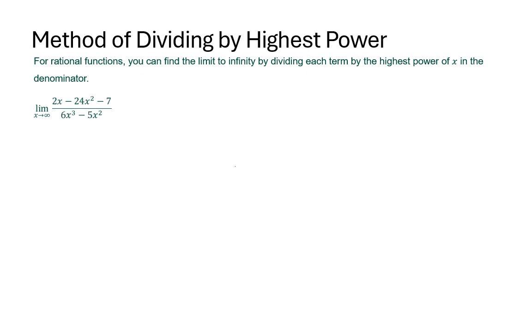Here we have another example, the limit as x tends to infinity. Like in the previous example, we can easily approximate it by the highest power in each. Here the highest power is minus 24x squared, so I can approximate it by minus 24x squared over 6x cubed.